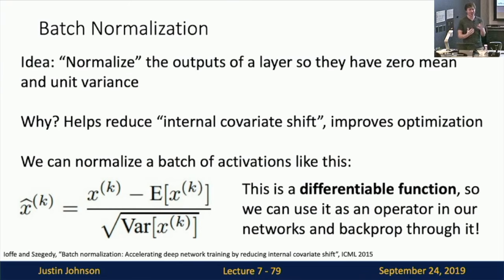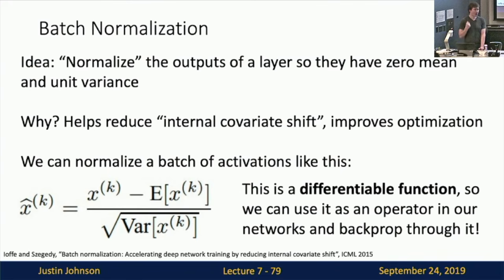This can hopefully stabilize or accelerate the optimization process of these deep networks in some way. So how exactly can we do this? Given a set of samples, x_k, from some distribution x, we can empirically normalize them by subtracting off the mean and dividing by the standard deviation. And it turns out that computing and subtracting the mean and dividing by the standard deviation is itself a differentiable function.